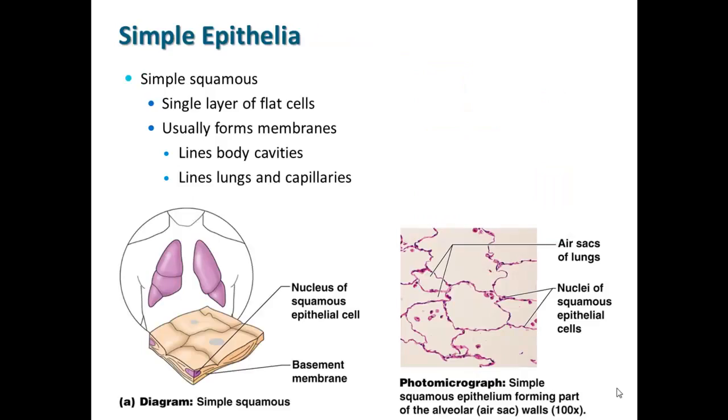So let's look at some types of simple epithelium. Remember, if it's simple, it means it has only one layer of cells. Simple squamous epithelium. This is a single layer of flat cells. This can be found lining our body cavities, our blood vessels, in our lungs. This is a very thin epithelium. One layer of these flattened cells.